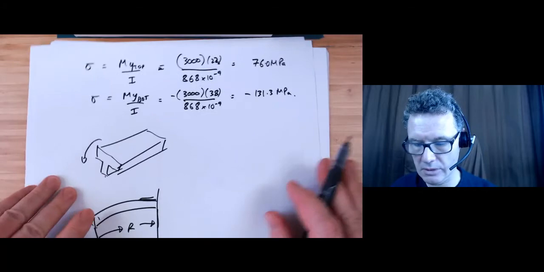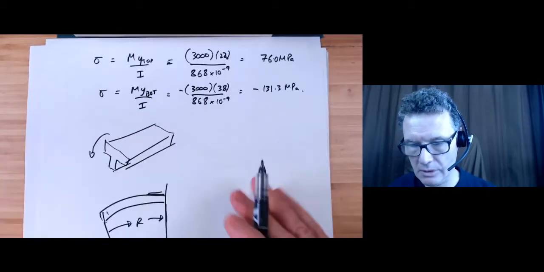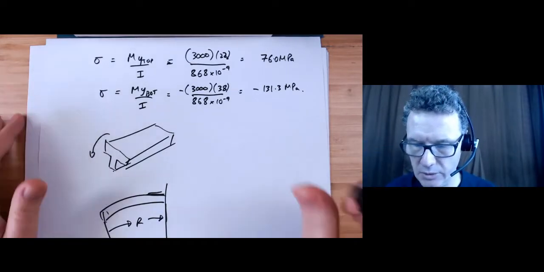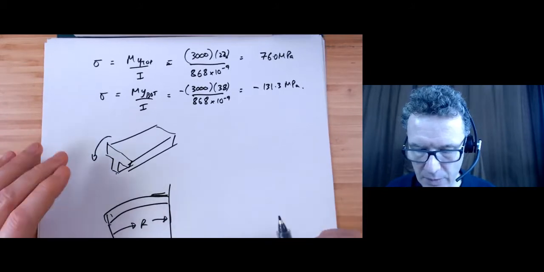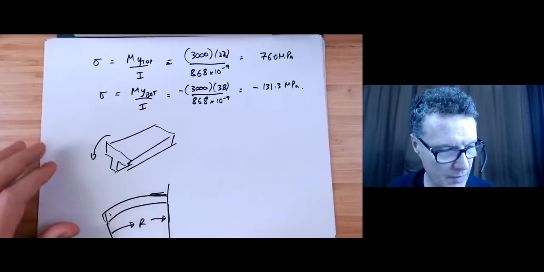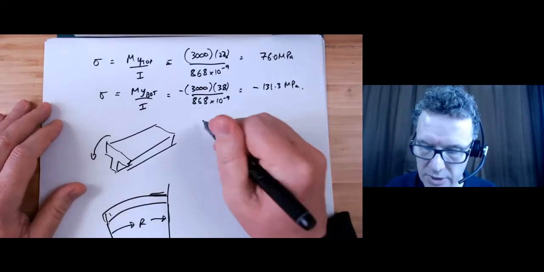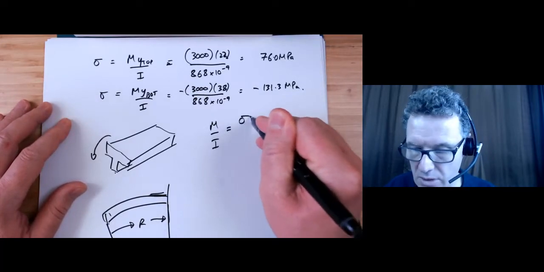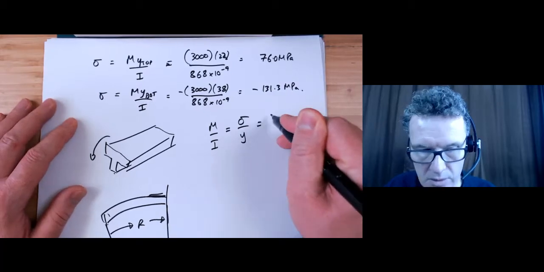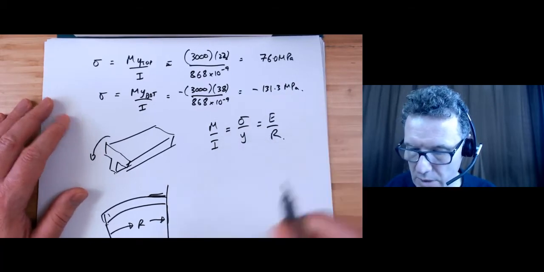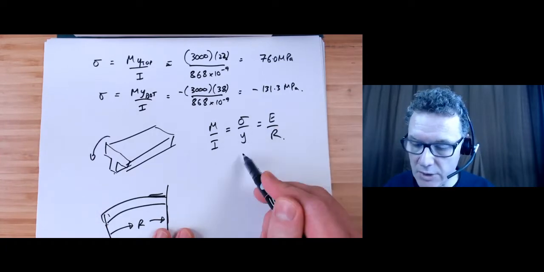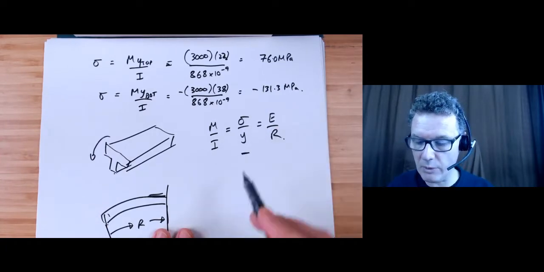Okay, so we go back to our engineer's bending equation, and say to ourselves, what bits should we use here? Well, it's not sensible to use the middle one. Why is that?